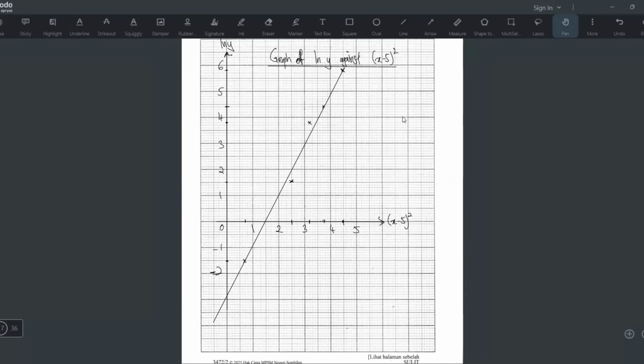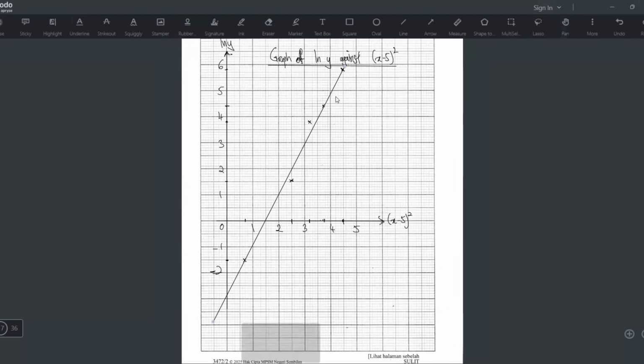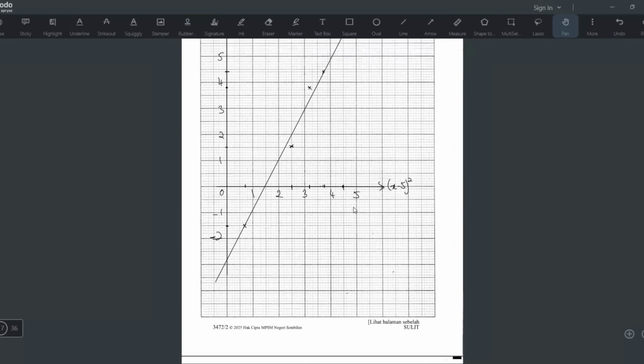So now, wait, this one seems not touching, so let me adjust a little so that it touches 3 points. Okay, okay. This one is good. All right, so this is my answer.